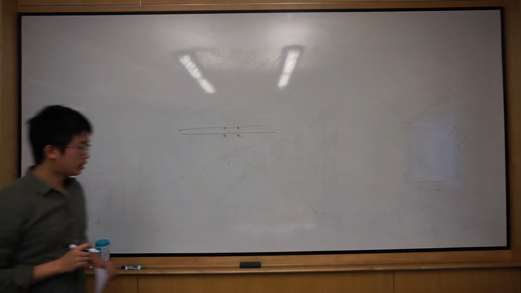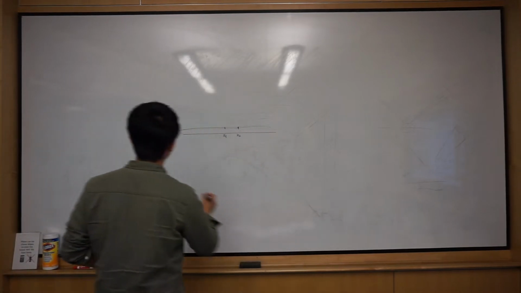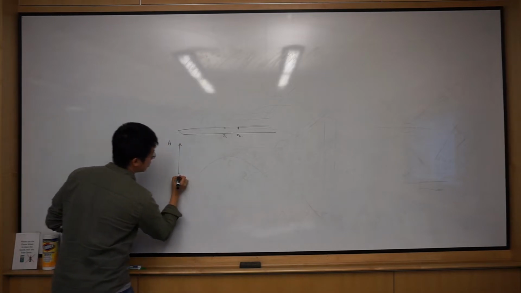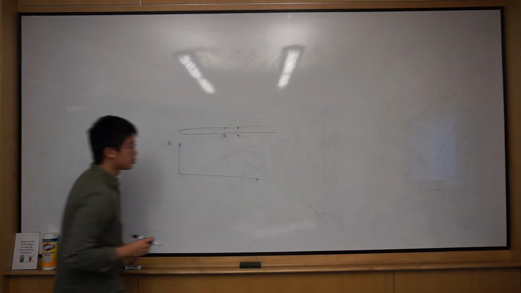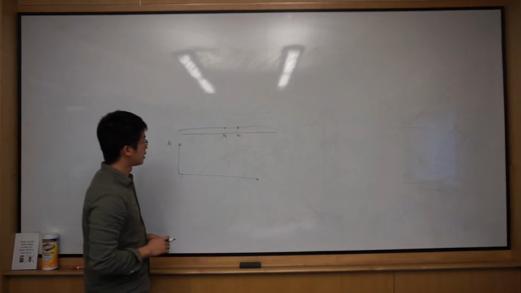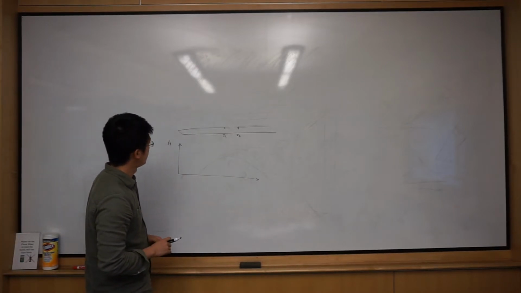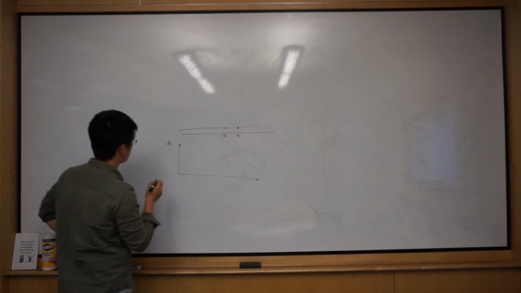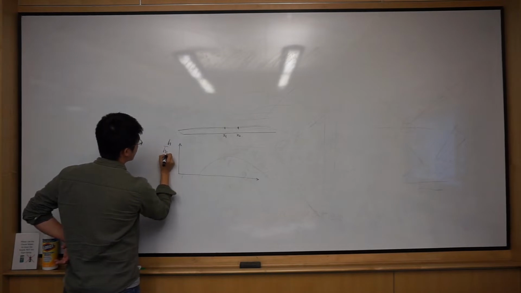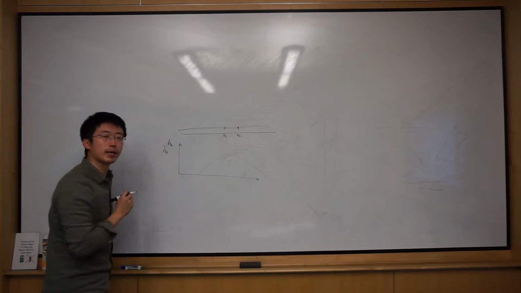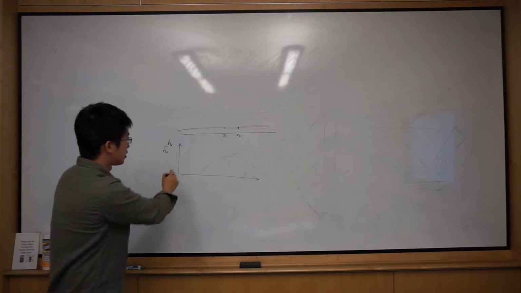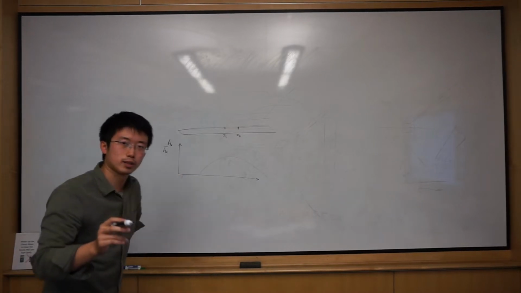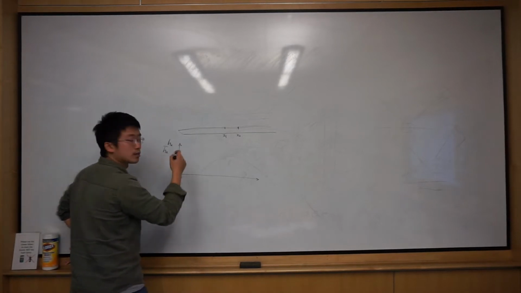Before we go to this part, let's see how the heat transfer coefficient changes with respect to the distance from the leading edge. We can have the local heat transfer coefficient. There's also a definition called the average heat transfer coefficient, but it can also be a function of the distance from the leading edge, right? I think we talked about this last time. So which one stands on top of the other?